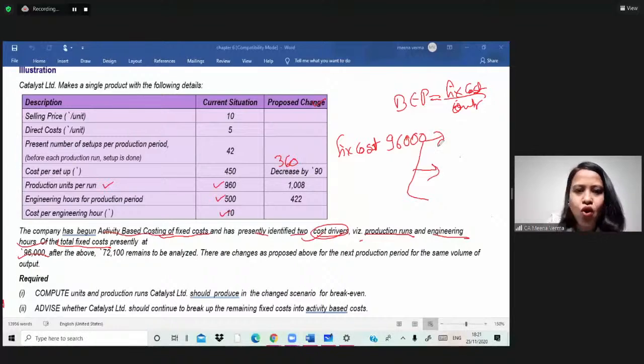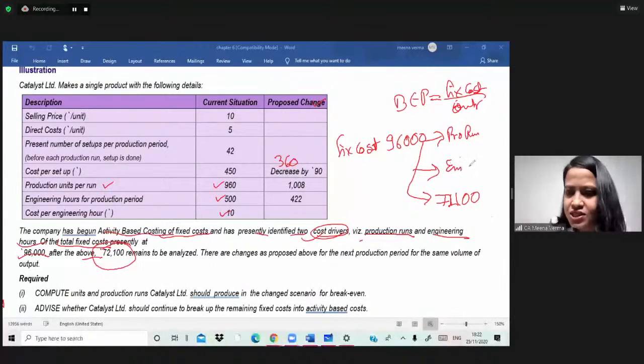We have only two cost drivers. So first we will find the fixed cost on the basis of these two cost drivers. Okay. Now they are saying that after considering the above information, the fixed cost will remain 72,100. That means if you consider the two cost drivers, the first is related to production run and the second is related to engineering hours.